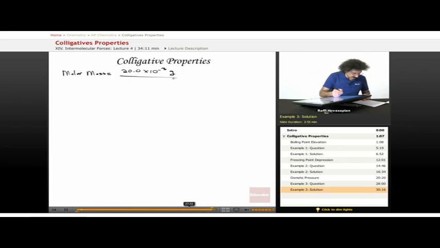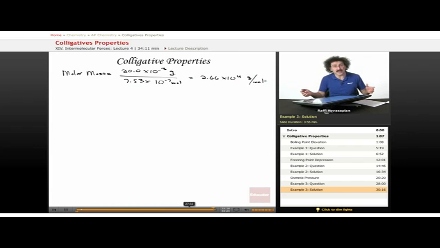I'm perfectly free to do that. Divided by 7.53 times 10 to the negative 7 mole. When we do that division, we get 2.66 times 10 to the 4th grams per mole. That is huge, 26,600 grams per mole. That's actually pretty small for a protein.